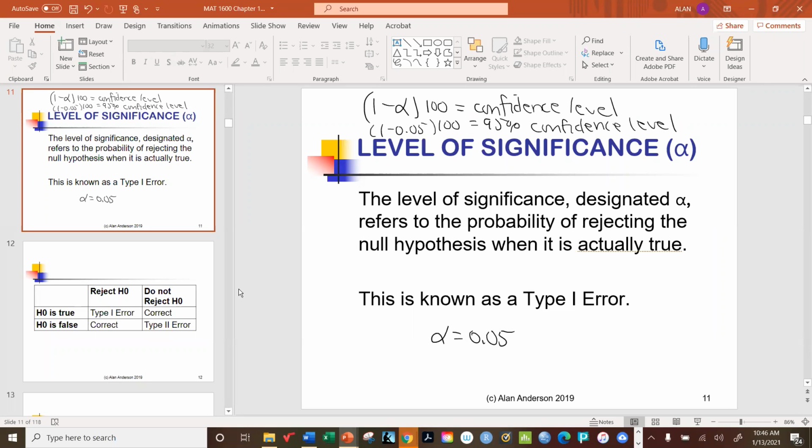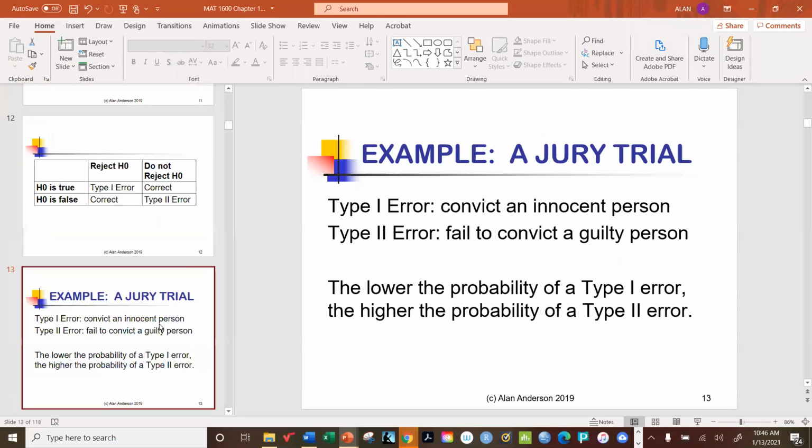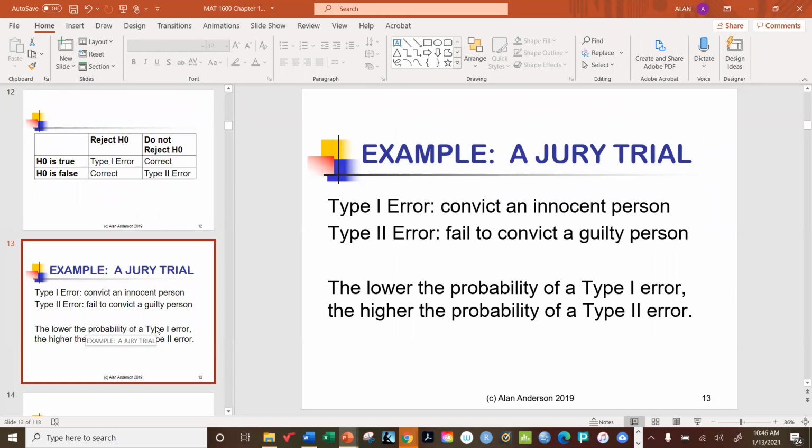Okay, now, with all that being said, let's go back to this jury trial. Now, remember, the null is that this person is innocent. The alternative is that they're guilty. A type 1 error would mean that you've convicted an innocent person. Why?